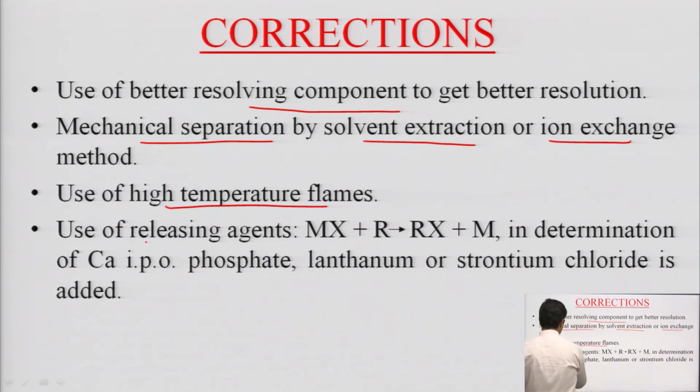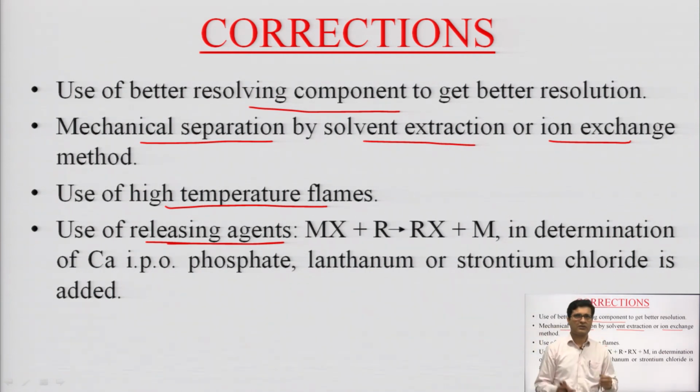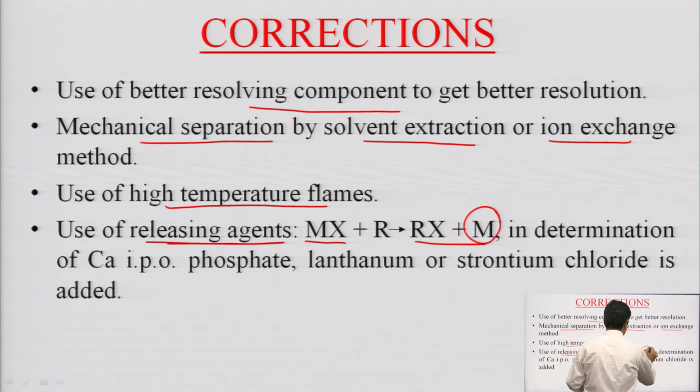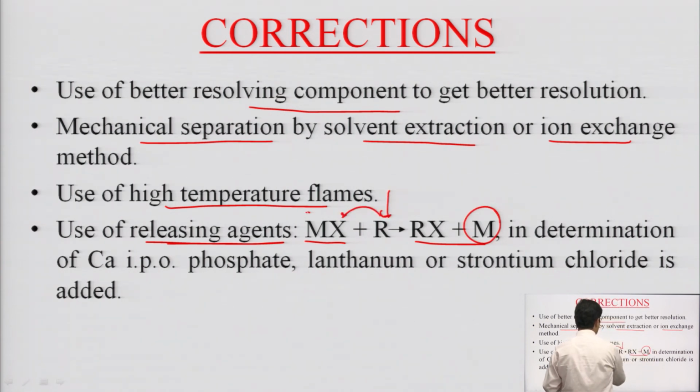Instead, we can also use releasing agents. Releasing agents are compounds which themselves react with the impurity and make your analyte free. For example, if the reaction is MX plus R gives RX plus M, the releasing agent reacts with the impurity and frees the metal atom.